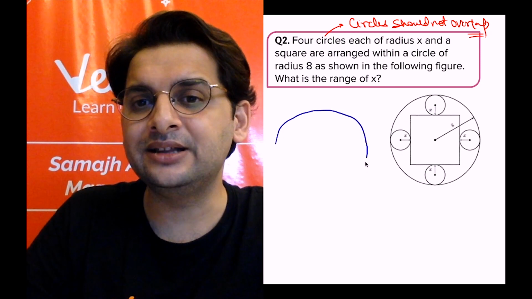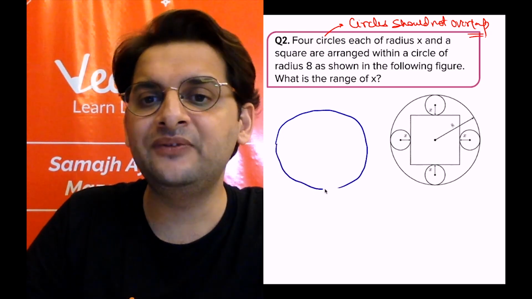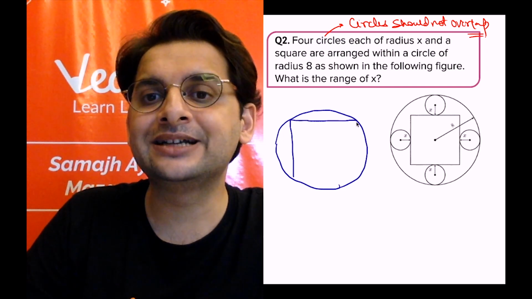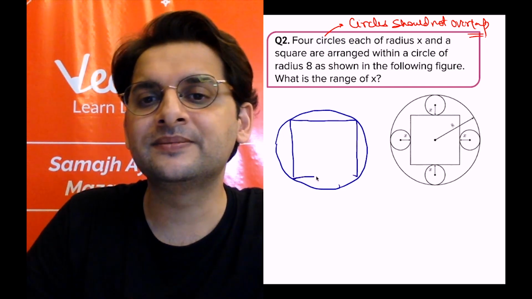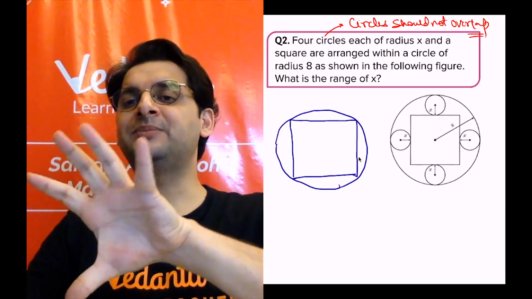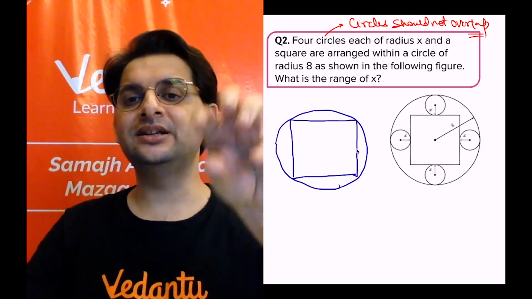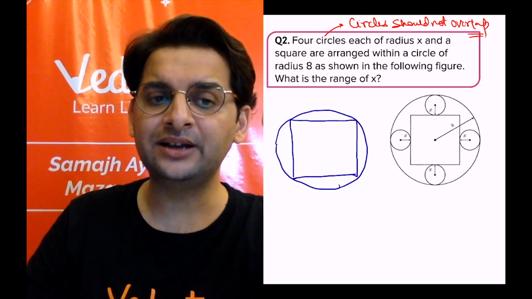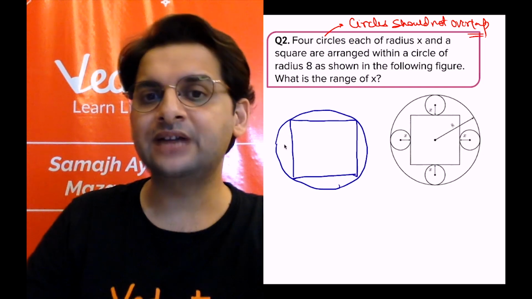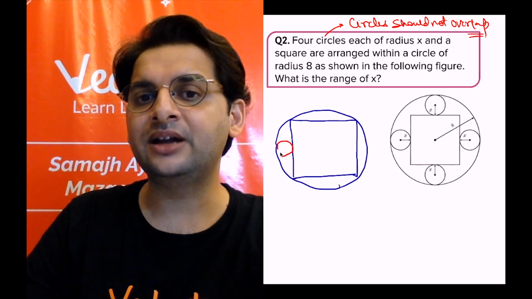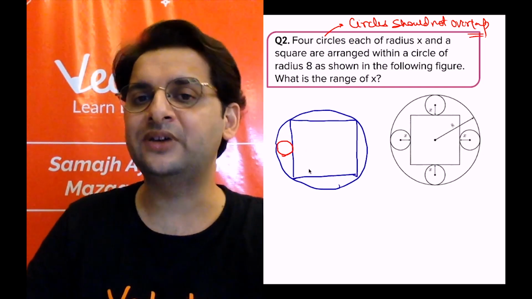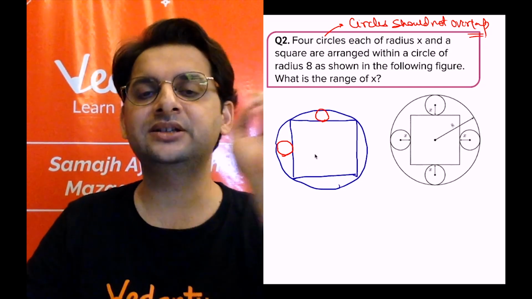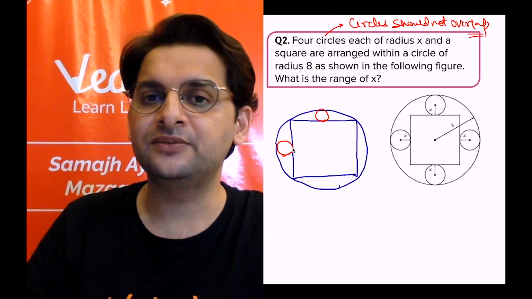Can I say the minimum value of x will be when the square is completely inscribed in the circle? As the square becomes bigger, the circles will go on decreasing, and this is the maximum size of the square. So this circle and this corresponding value of x will be the minimum value of x. No problem with this. Now the problem is how to find this value.